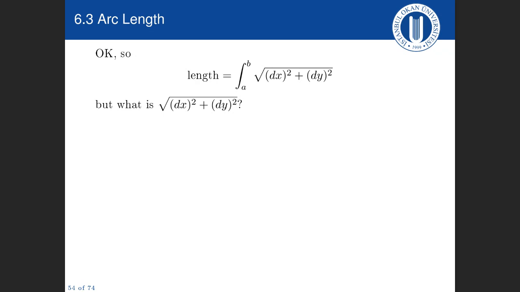But what is the square root of dx squared plus dy squared?